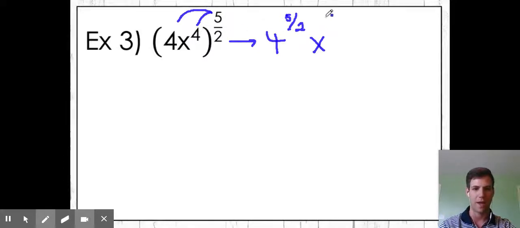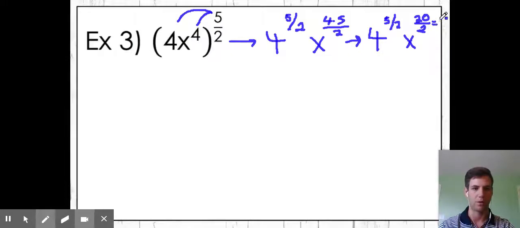So then I would have 4 times 5 over 2. So we're multiplying a whole number by a fraction, which means that my actual equivalent thing to what I'm starting with would be 4 to the 5/2, and then the x would be to the 20 over 2, which we know is equal to 10.